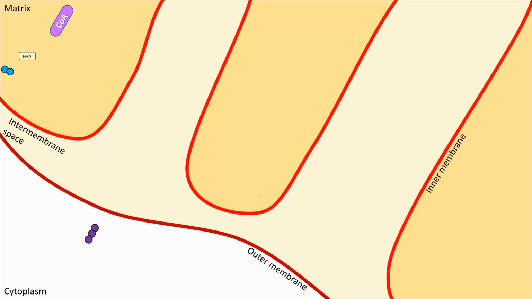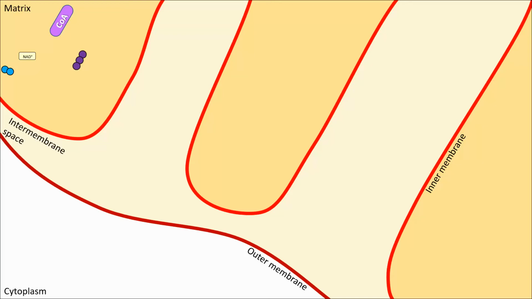So our pyruvate is originally in the cytoplasm, that's where it's formed. It's got to get past the outer membrane and the inner membrane to get to the mitochondrial matrix. That usually happens with some transport molecules, and it's going to make its way in. Once it's there, we have a few other molecules around. We've got coenzyme A, or CoA. We've got some NAD pluses, which are waiting around to pick up a high energy electron.